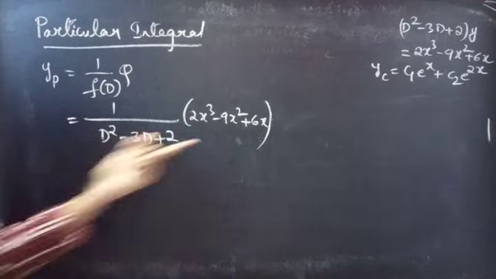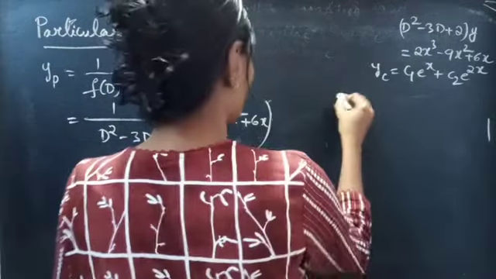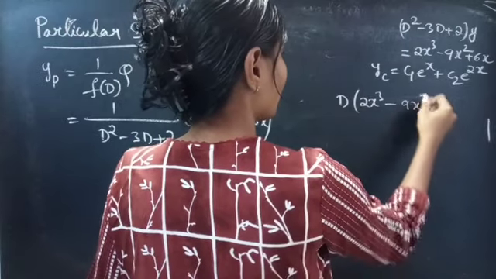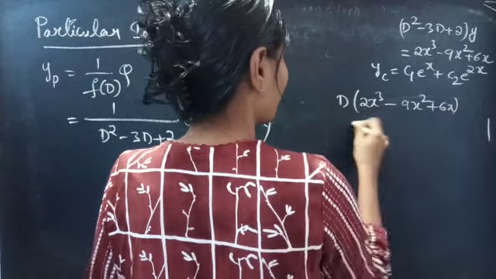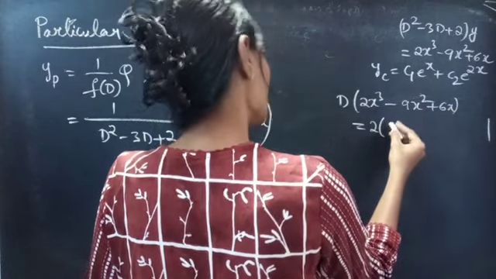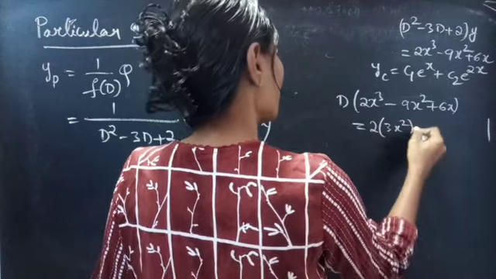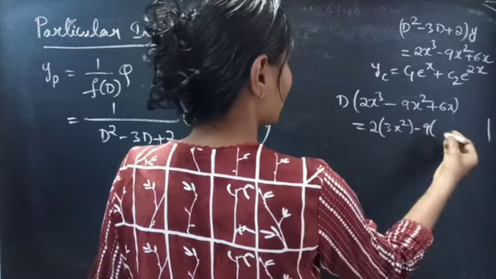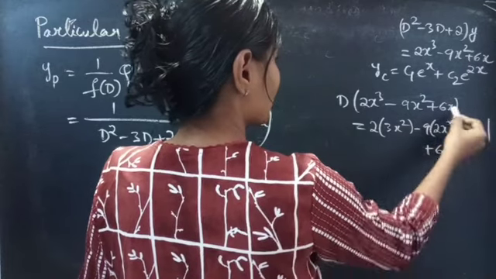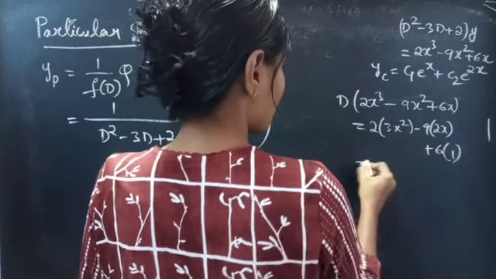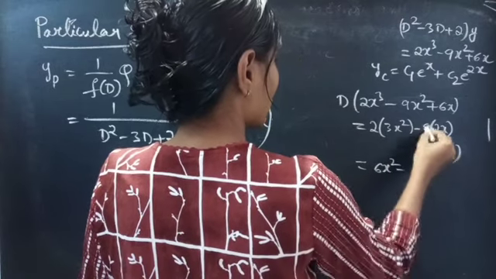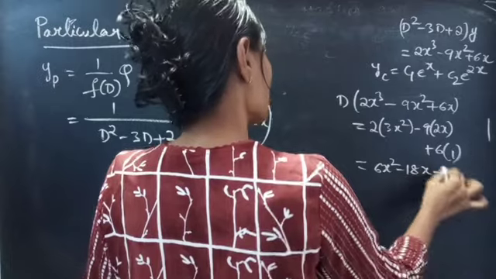Firstly, let's find the derivatives of Q. The derivative of x cube with respect to x is 3x square, minus 9 into the derivative of x square, which is 2x, plus the derivative of x, which is 1, right? We get 2 threes are 6x square, minus 9 twos are 18x, plus 6.